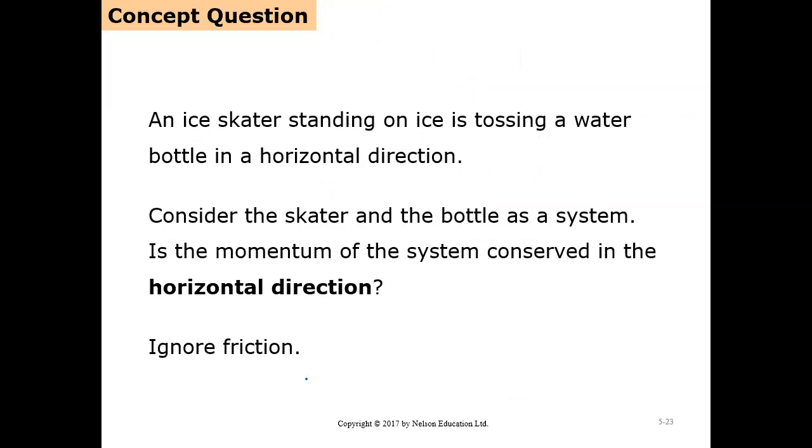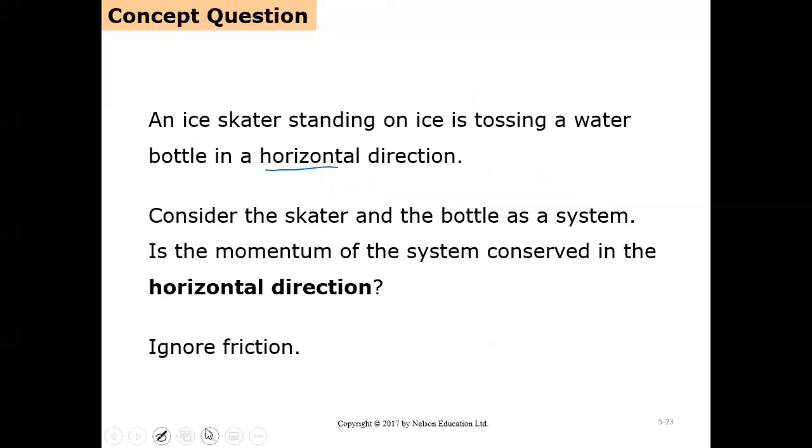Now it's the same scenario, but here he is throwing the bottle in a horizontal direction. Even for the previous question, momentum is not conserved along the vertical direction, but in the horizontal direction it is conserved. We can apply conservation of momentum in each direction separately.